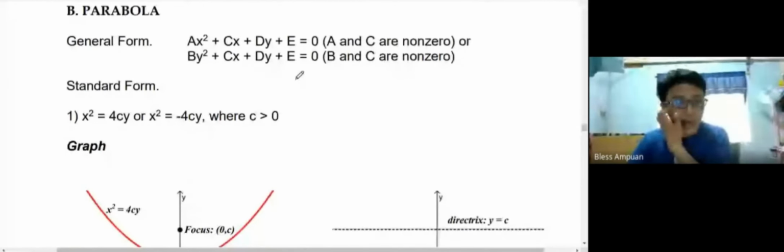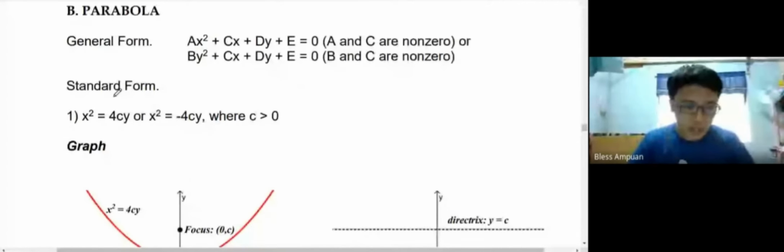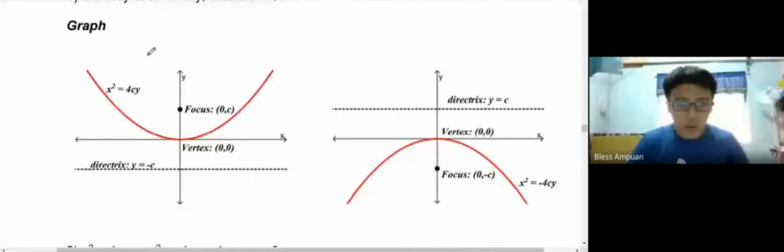The standard form is x squared equals 4cy, or x squared equals negative 4cy, wherein c must not be equal to 0. So these are some of the analytic illustrations for the parabola.